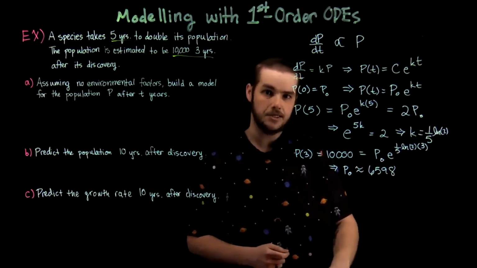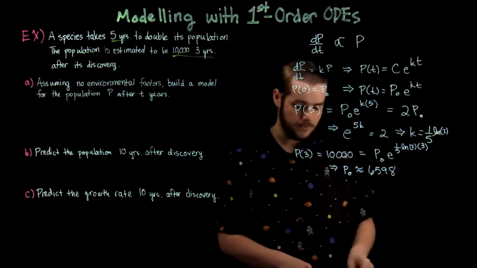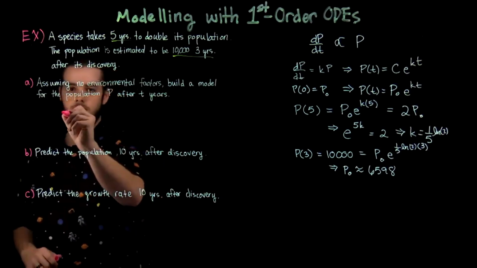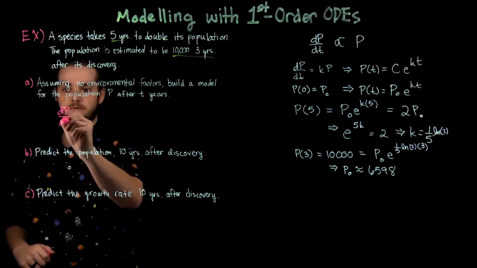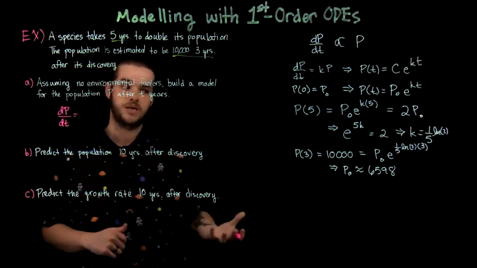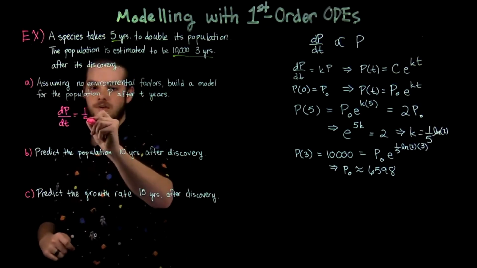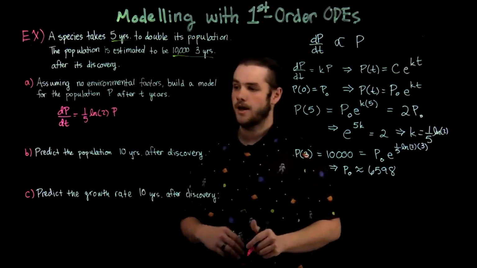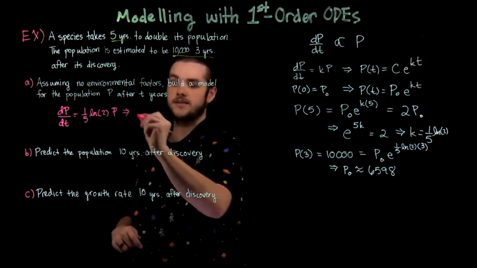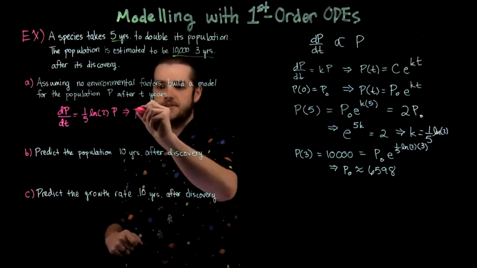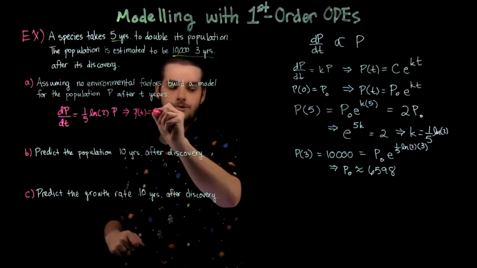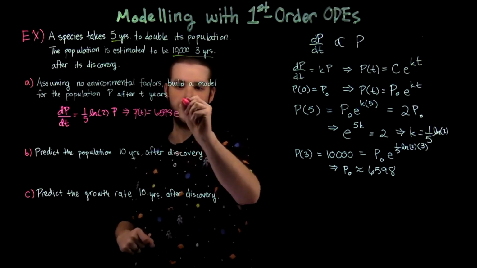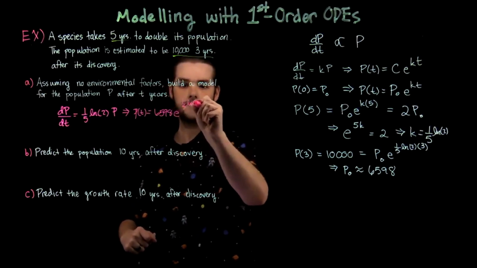So when all is said and done, the model for this system is dP/dt equals kP, or 1/5 natural log of 2 times P. However, we know that this has the solution P of t equals 6598 e to the kt.